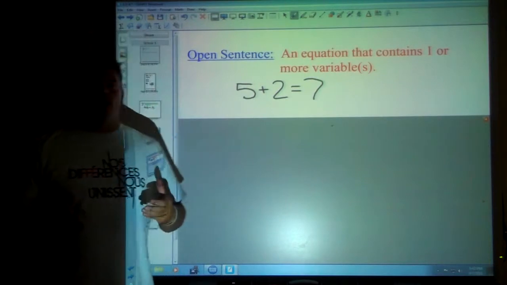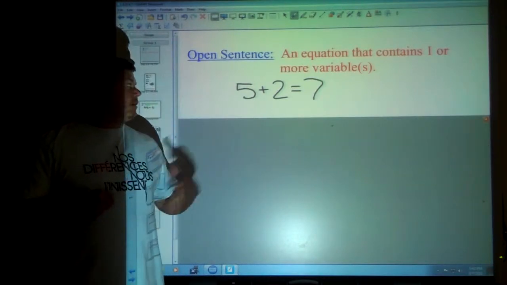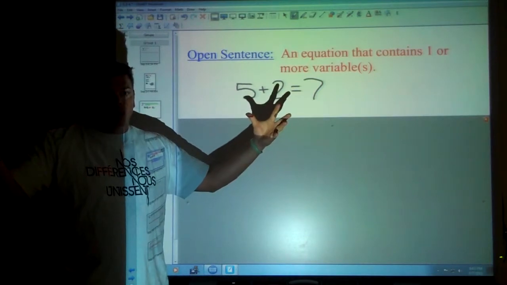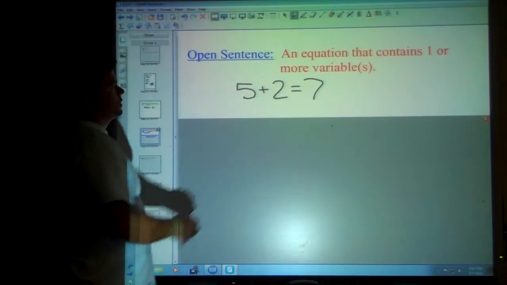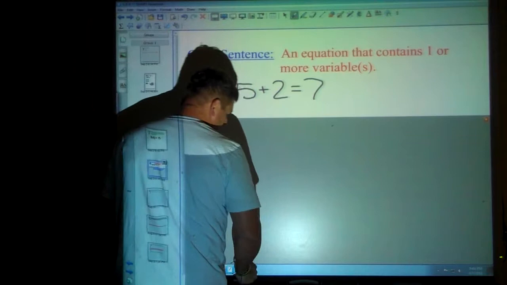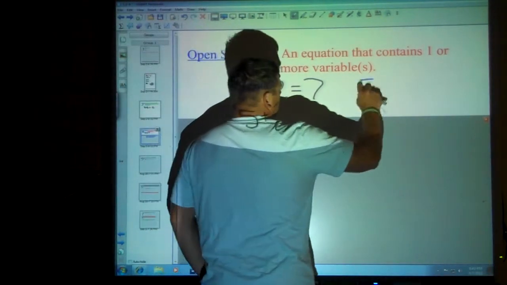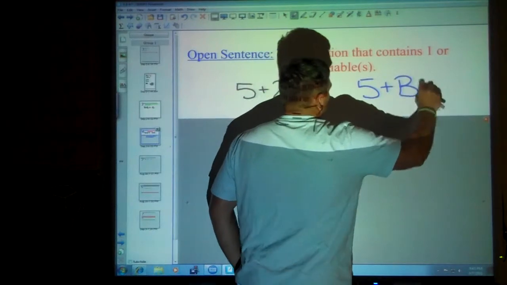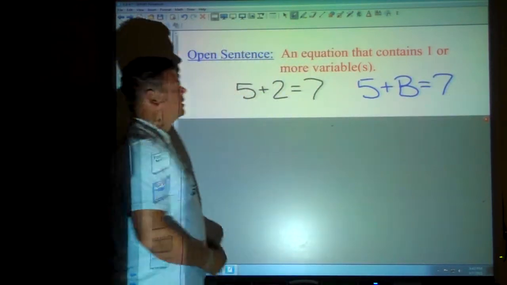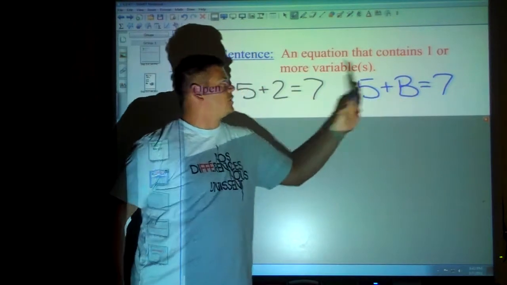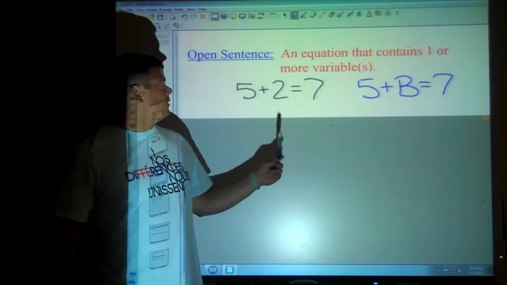When something has a variable, it's an unknown. It's basically saying we have something that we don't know about, it's an open area, we have to figure out what it is. So this would be a sentence, but an open sentence would be very similar: 5 plus b is equal to 7. It's an equation because it has the equal sign and has two expressions, one on each side, but it contains at least one variable.